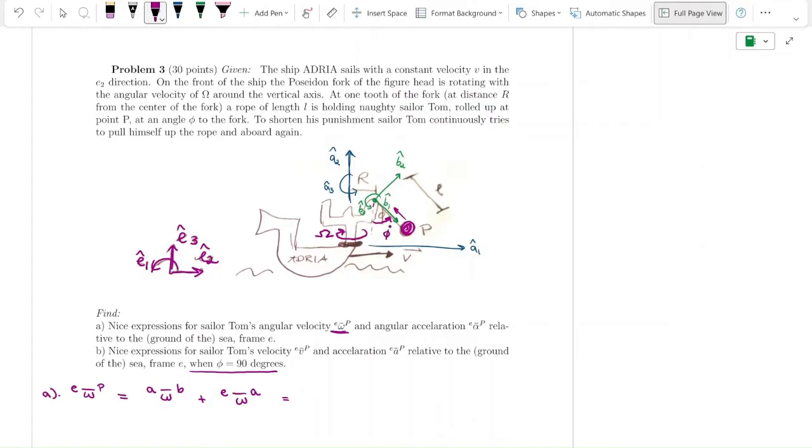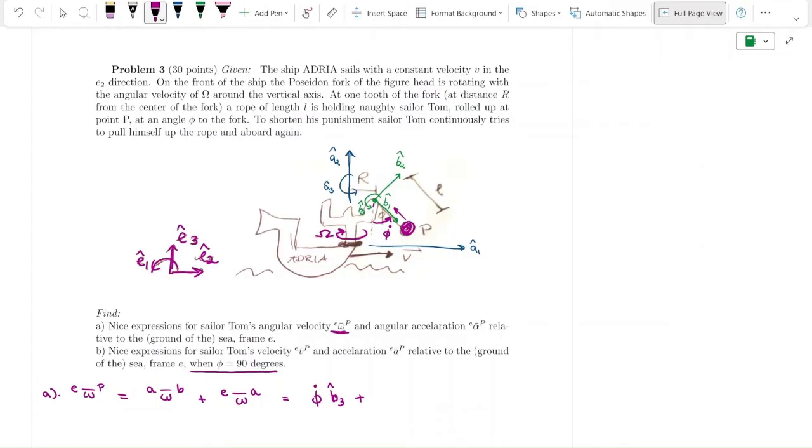So his angular velocity is going to be phi dot, curling our fingers in the direction of the rotation, and our thumb should be pointing out of the page in the B3 hat direction. So the thumb points in the direction of the angular velocity. So the angular velocity of the B frame with respect to the A frame is phi dot B3 hat.